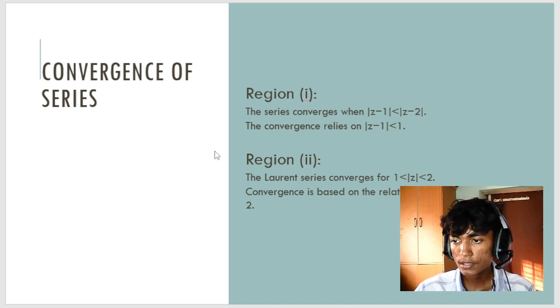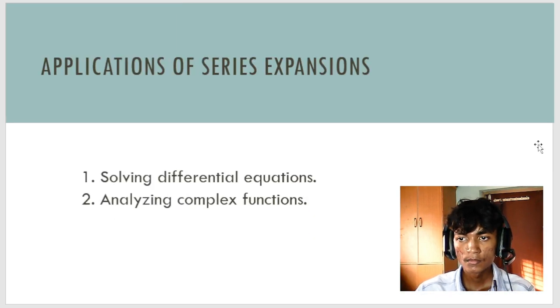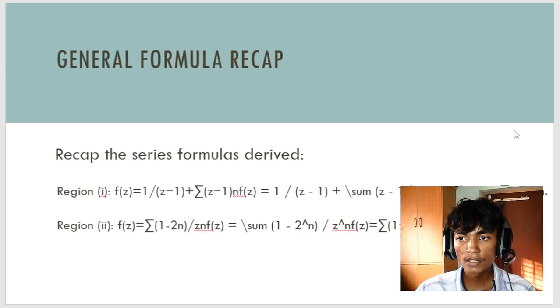Convergence is based on the relative magnitude of |z| to 1 and 2. Applications of series expansions: they are used in solving differential equations and analyzing complex functions. General formula recap: here are the formulas for region 1 and region 2.